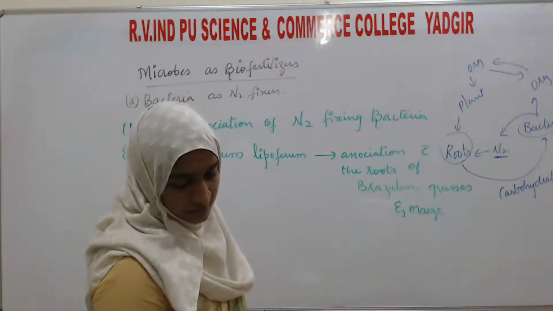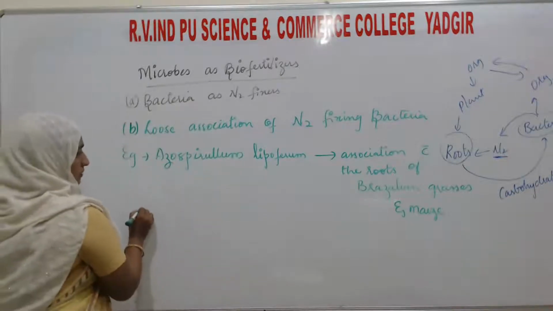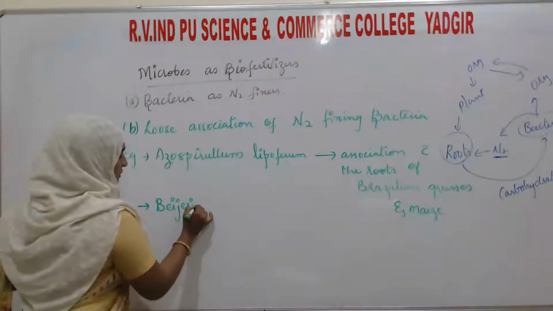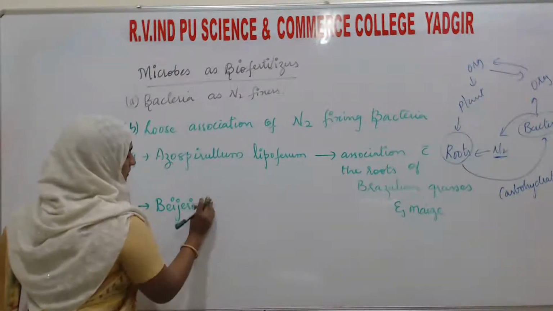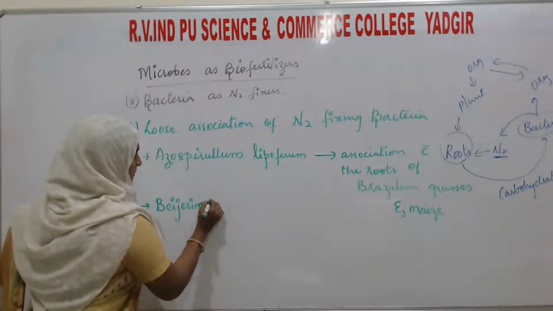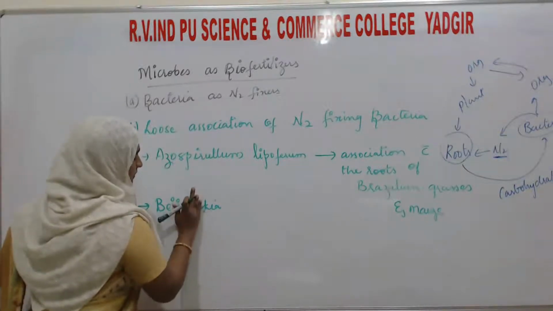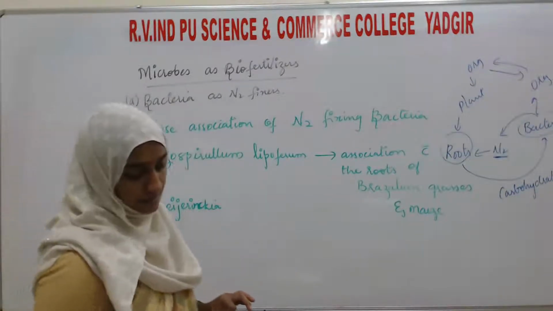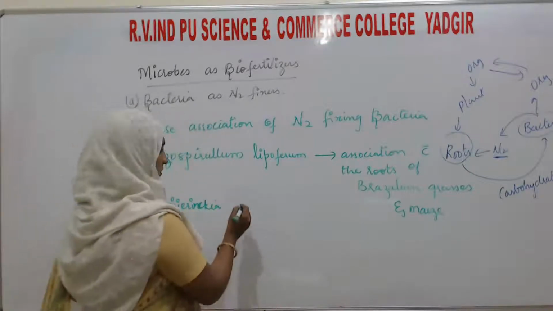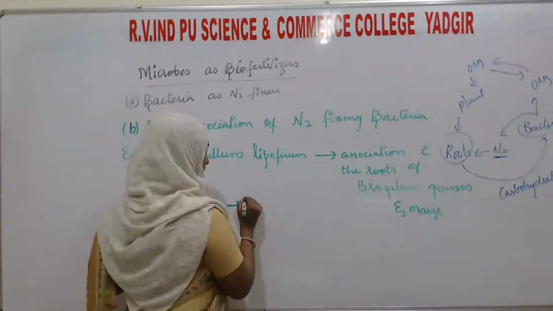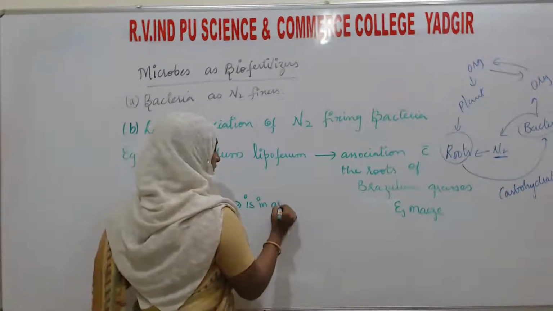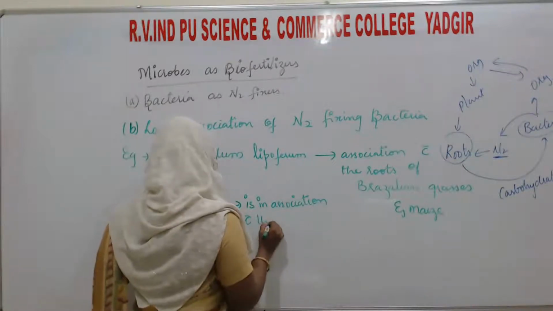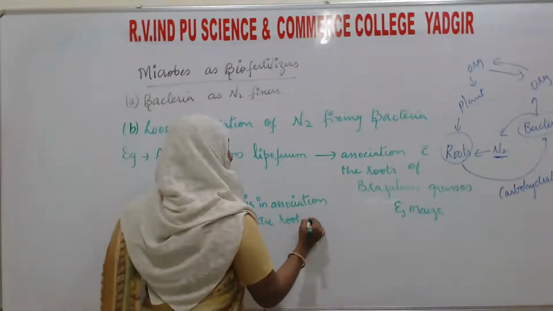Then one more example, Beijerinckia. Beijerinckia is in association with the roots of sugarcane.